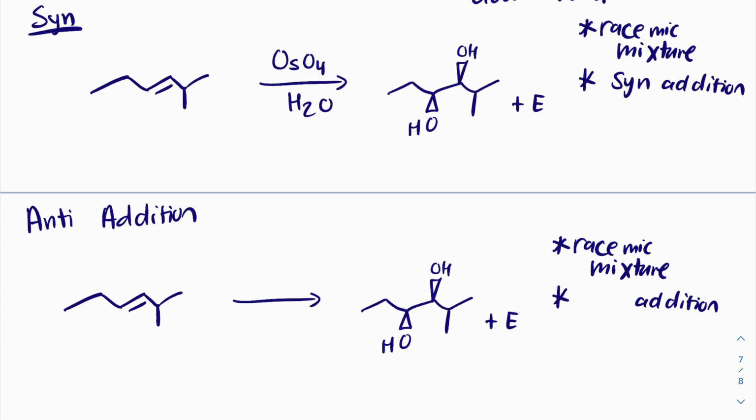We're going to get rid of syn addition, and we're going to change it to anti. And the easiest way I know to do this is to take a baking soda solution, so NaHCO3, and then an acidic solution that has excess H3O+, and all that that's going to do is make it anti-addition. So one of the alcohols needs to be dashed, and then you still get a racemic mixture, and you still get an enantiomer. And that's it.